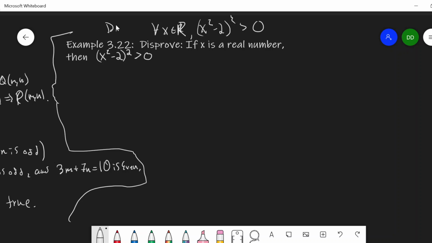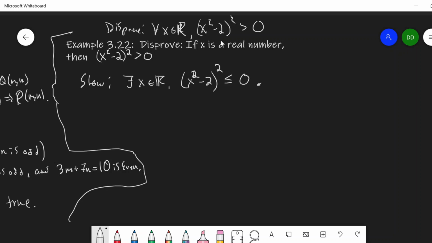So we want to disprove this. So we're going to show there exists a real number x such that (x squared minus 2) squared is not greater than 0. So less than or equal to 0. So remember that if you square any real number, it's always greater than or equal to 0. So the only issue with this is that the original statement says strictly greater than 0.